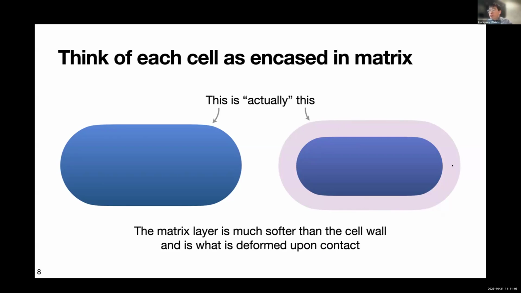This is how we're going to represent the matrix in these simulations. The cell wall itself is actually quite stiff, usually, but the matrix layer is much softer. So when two cells come into contact, this matrix layer is what is being deformed upon contact. This is something that we should keep in mind throughout this entire talk.